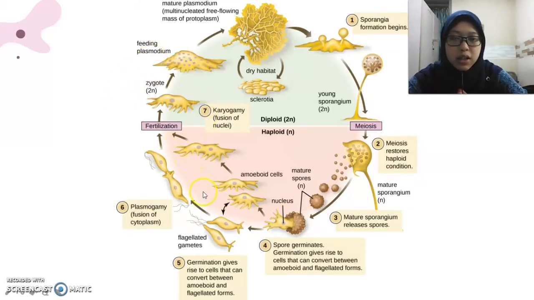Amoeboid cells will fuse in karyogamy, which is fusion of nuclei. The flagellated gametes will fuse in plasmogamy, which is fusion of cytoplasm. After they form a zygote, they will produce a multinucleate plasmodium once again. So this one is a mature plasmodium.